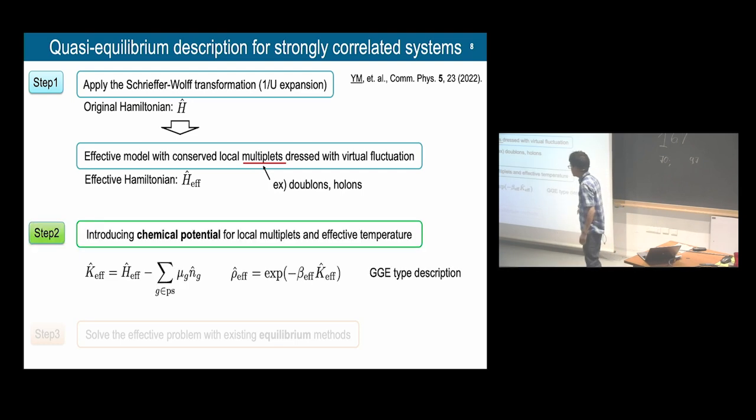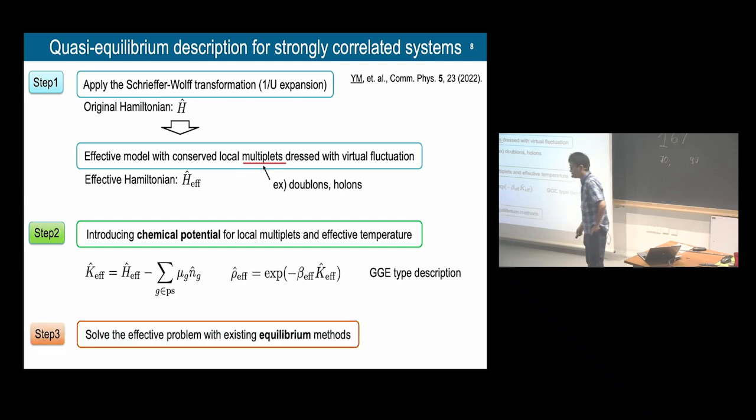In the second step, we introduce the chemical potential for each type of charge carriers, as well as the effective temperature, and regard this photodoped state as an equilibrium state that is described by the generalized Gibbs ensemble. And in the third step, we solve this practically equilibrium problem using our favorite equilibrium tool.